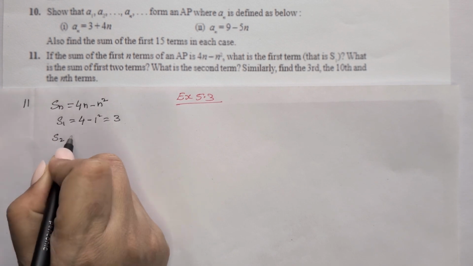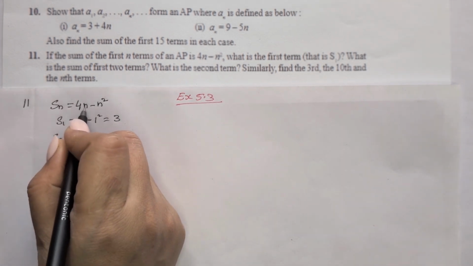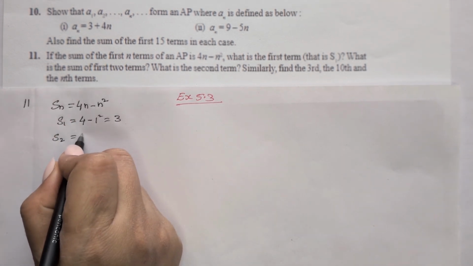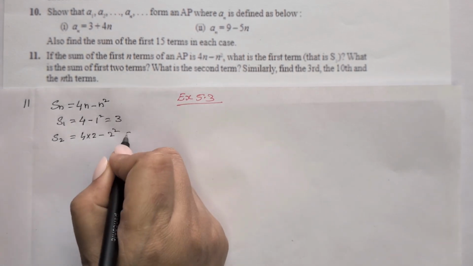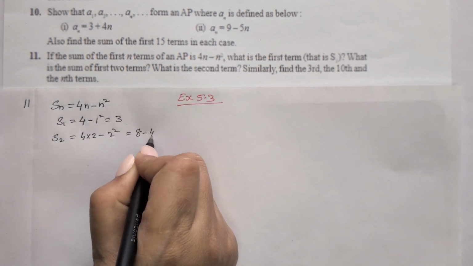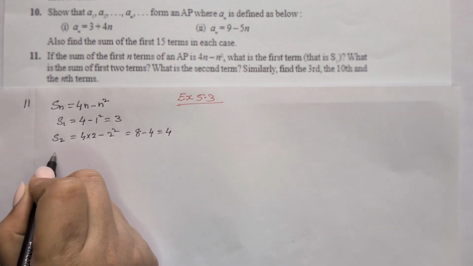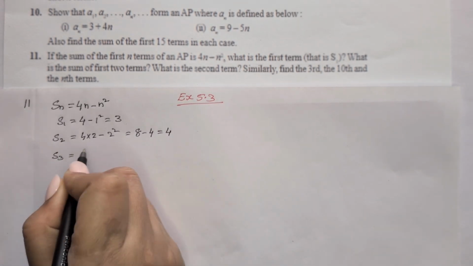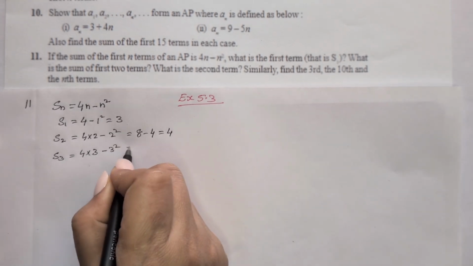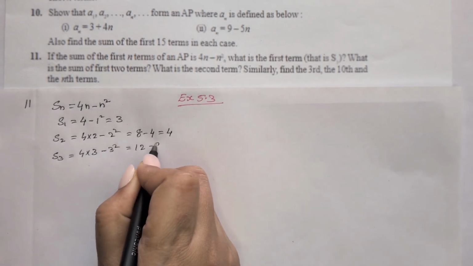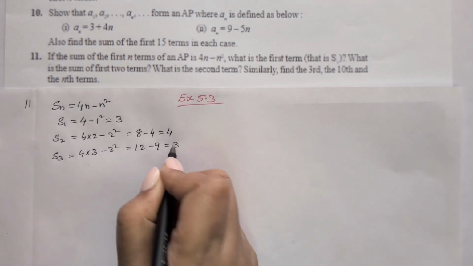Similarly, S2: in place of n we have to put 2, 4 into 2 minus 2 square, that means 8 minus 4 is equal to 4. Then S3: 4 into 3 minus 3 square, that means 12 minus 9 is equal to 3.